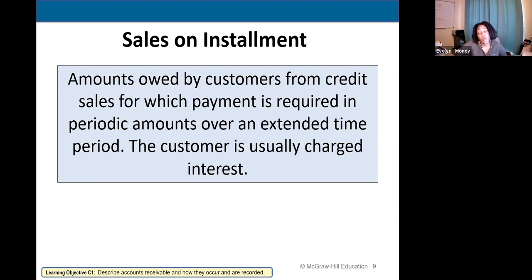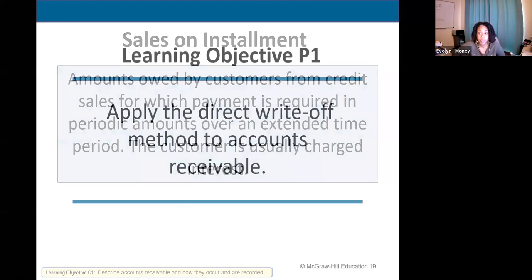Sometimes you will see it with companies that sell equipment, big ticket items like John Deere or Caterpillar, because a lot of times with those pieces of equipment, it just costs too much money for someone to pay outright for it. So they are allowed to pay over time. When you have a sale on installment, there is a periodic interest amount as well. So the customer is usually charged interest, very different from just a regular old accounts receivable.